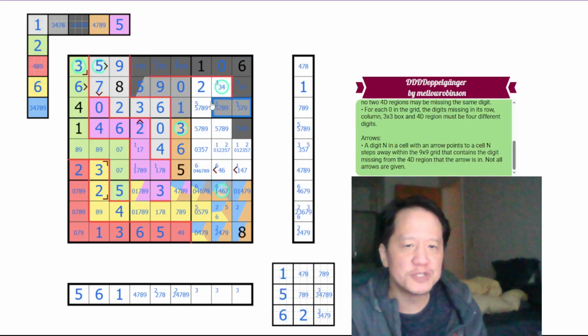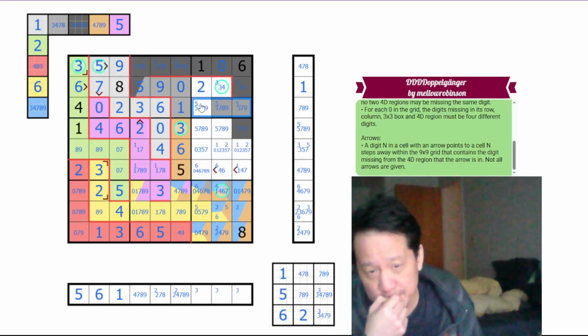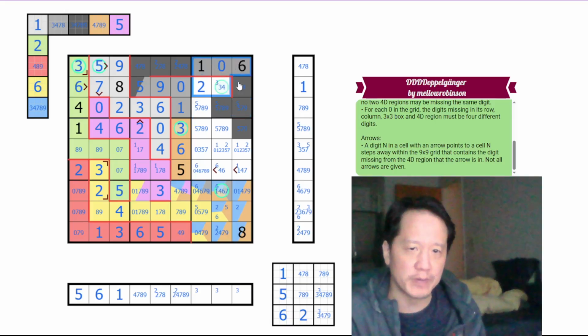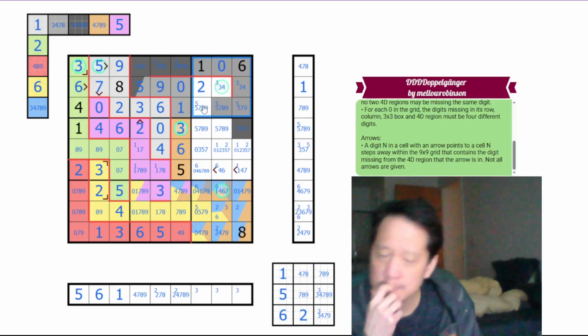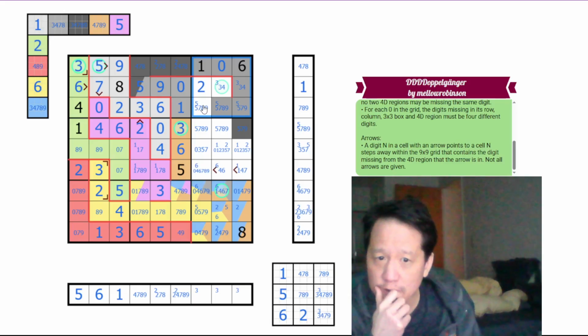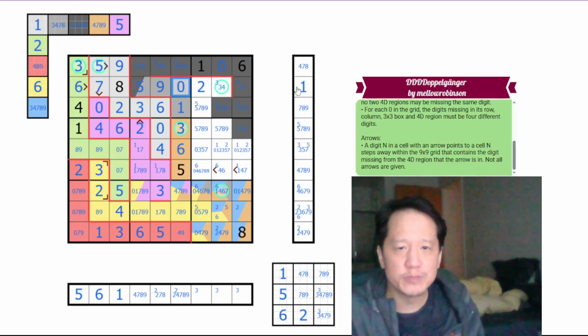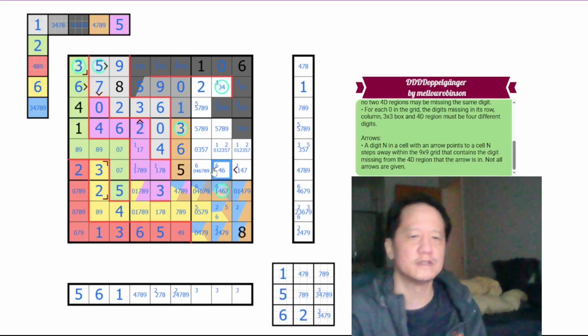The digit missing from this row is the same digit that's missing from box 3. That's fine. This 0 is missing a 1. We don't know if it's part of orange or if it's not.